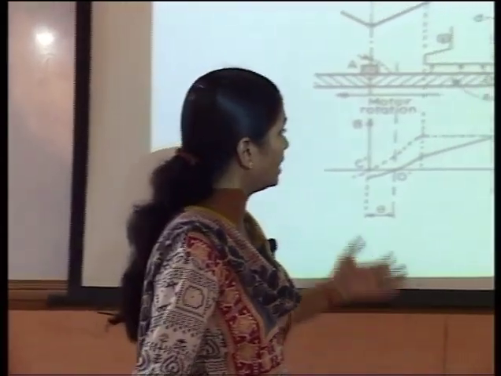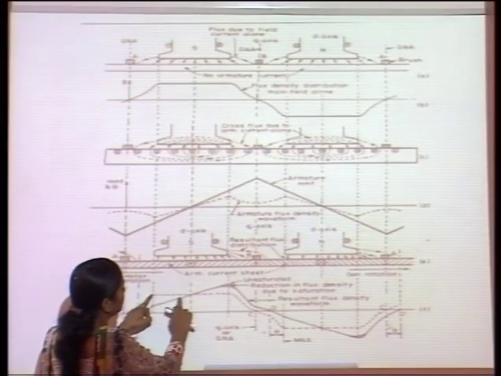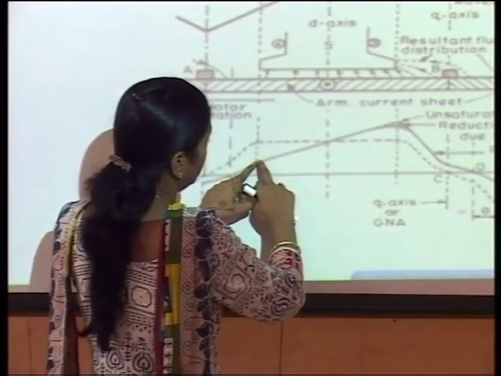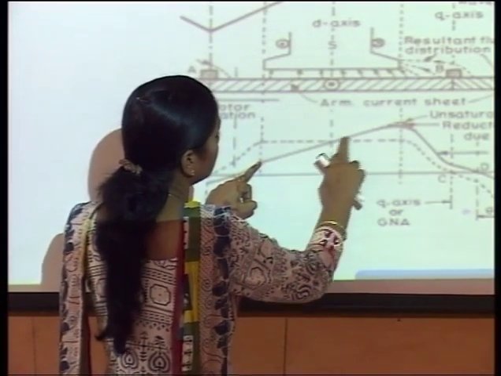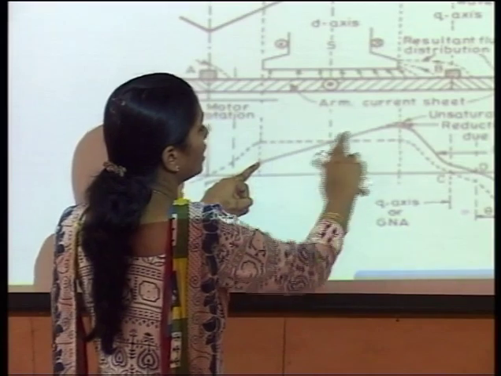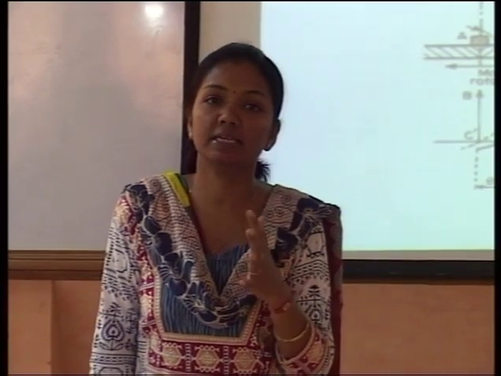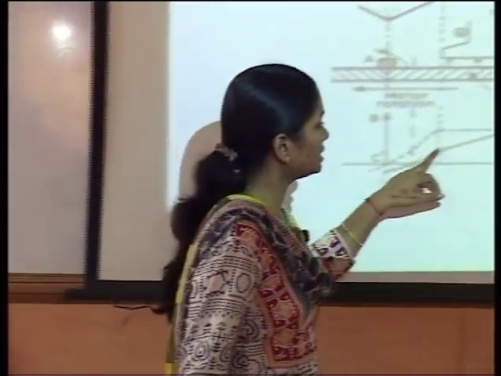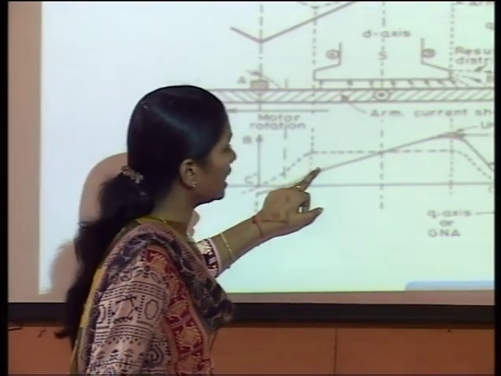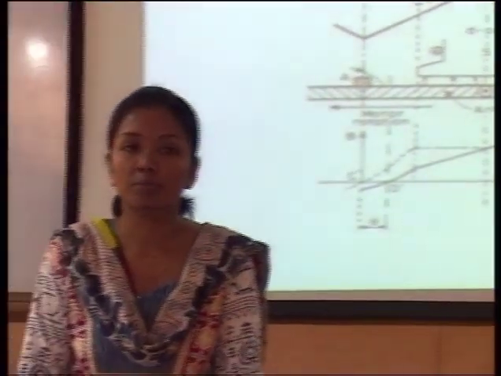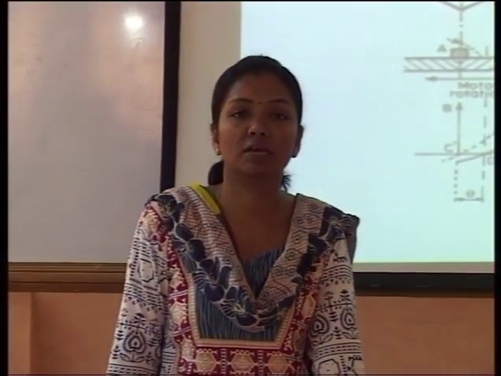Another part: earlier the flux density was uniform under the pole, but now if we consider the armature reaction, the flux density is not uniform under the pole. It is increasing in one half and decreasing in the other half. So, the flux density has been changed because of armature reaction, and the development of flux in the interpolar region are the two main effects considered under the cross magnetizing effect.